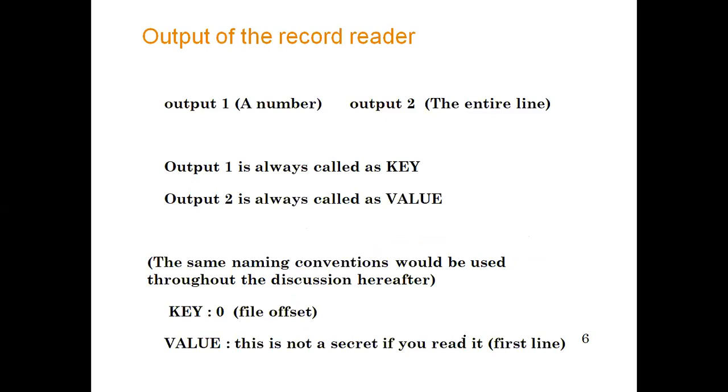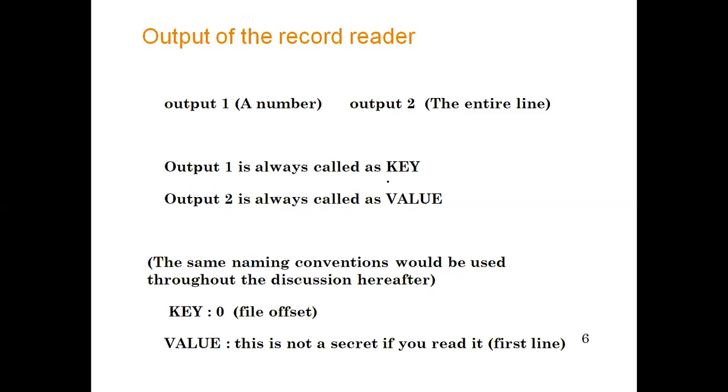For the sake of terminology or naming convention, let's refer to output 1 as a key and output 2 as a value. This is for simplicity. The key is typically a number, and the value will be the full line as it is, the entire line.